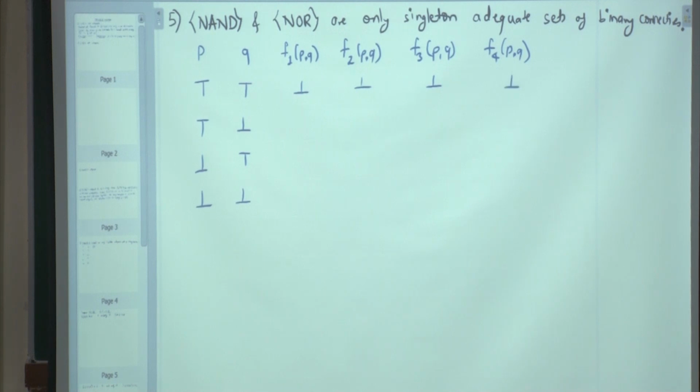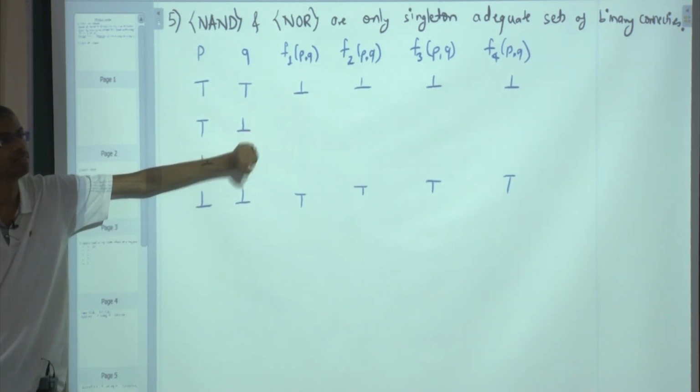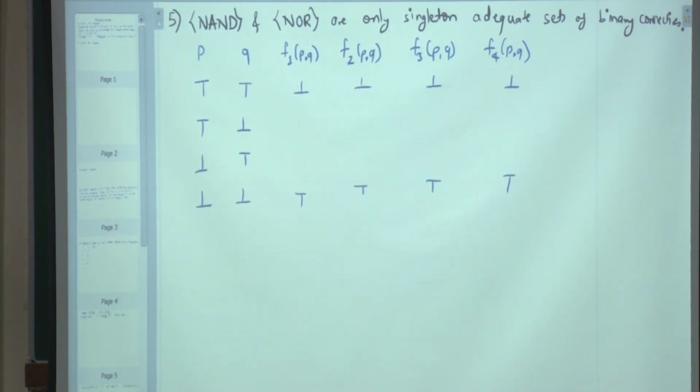So these are all falses, then these are all trues. So the remaining 4 possibilities are based on what are the values here. So this could be true, then this could be false, or it could be false true.